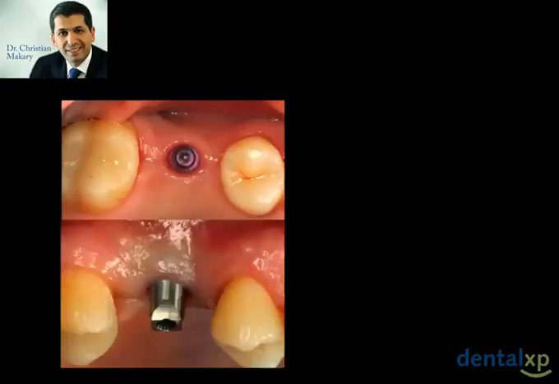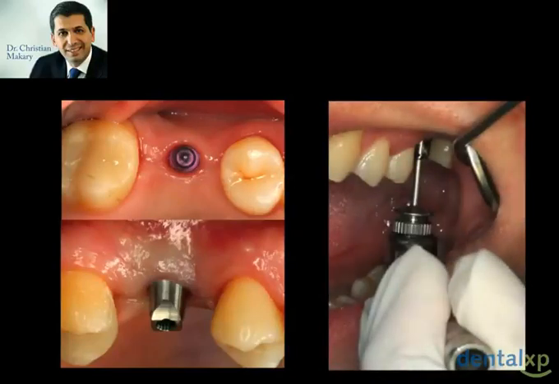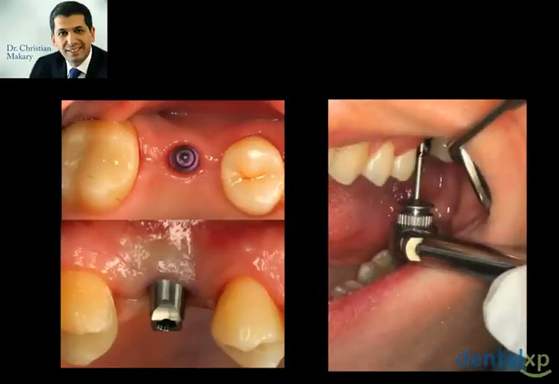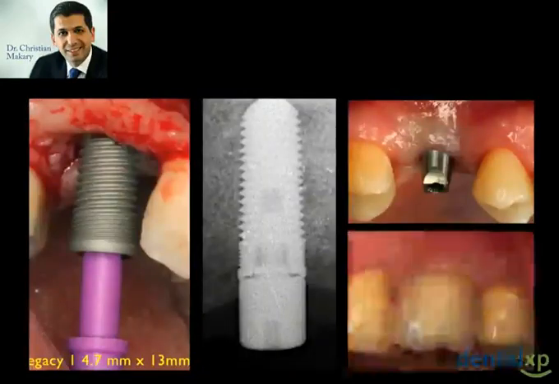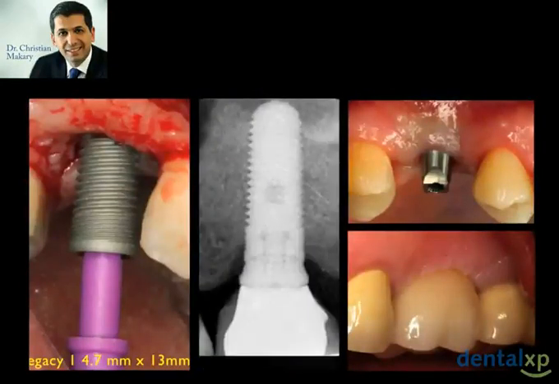This is why at 6 weeks I placed the final abutment that was torqued, and the impression was taken, and the final crown was placed at 6 weeks, and this is the final radiographic appearance of this implant in that bone.